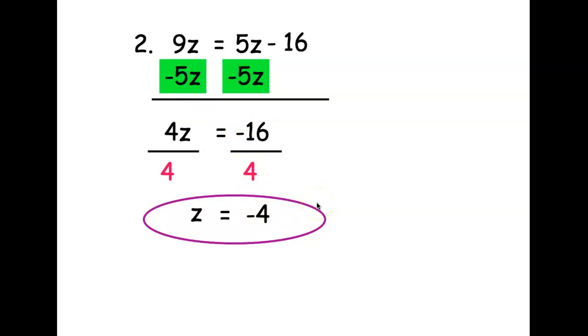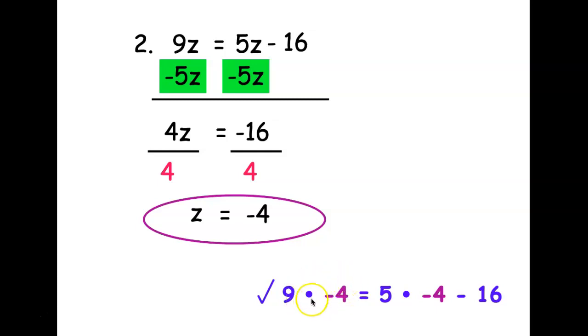Okay, so before we move on, let's check if the answer is correct. Again, by way of checking, you replace your z in the equation that you started with, and replace it by negative 4. So I'm going to do that down here. 9 times negative 4 equals, I copied, 5 multiplied by negative 4 minus 16.